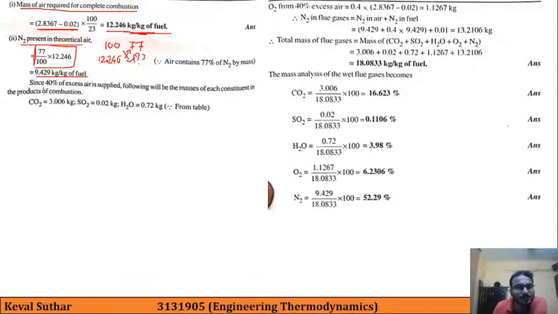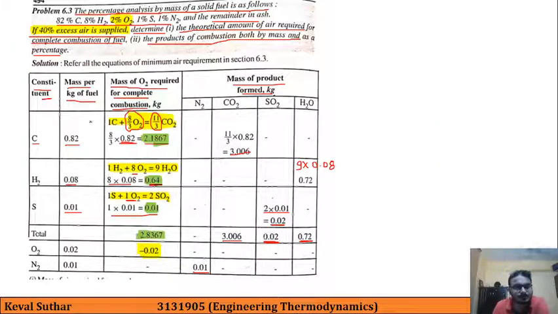The following will be the mass of each constituent in the combustion, which is already written from the previous table. Now O2 from the excess air is given by 0.4, the 40% excess air, multiplied by the oxygen, which was 2.83 minus 0.02.